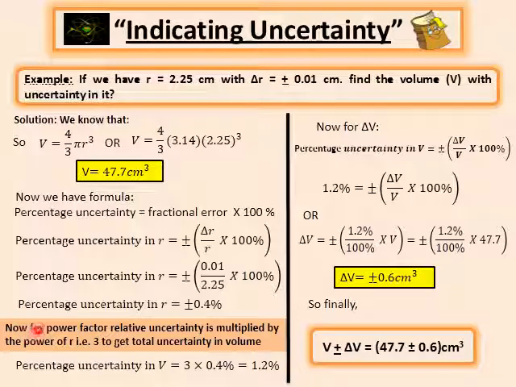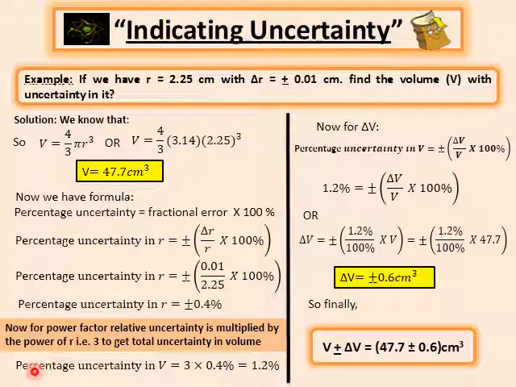Here we have an important point for the power rule. For the power rule, the relative uncertainty is multiplied by the power of R, which is 3 here, to get the total uncertainty in the volume.